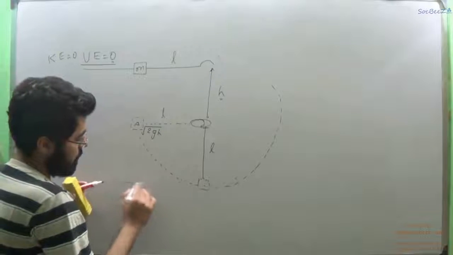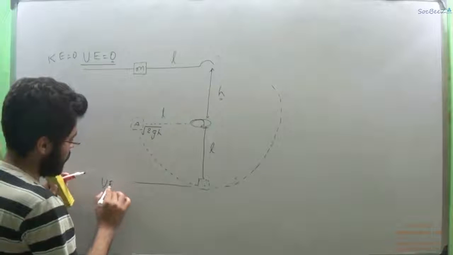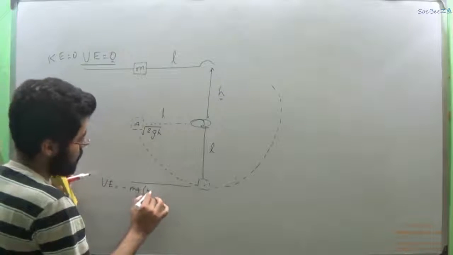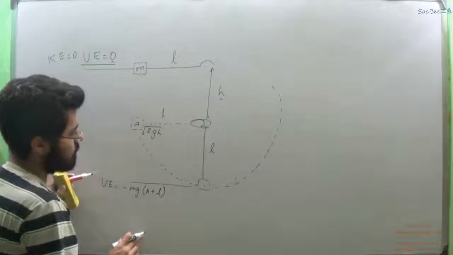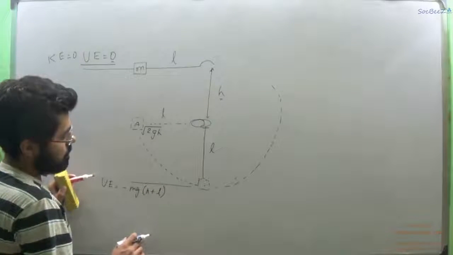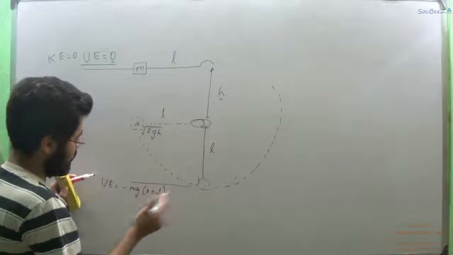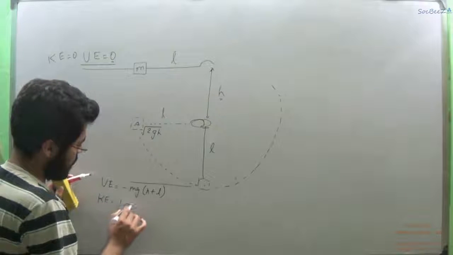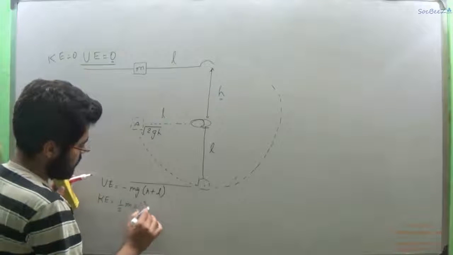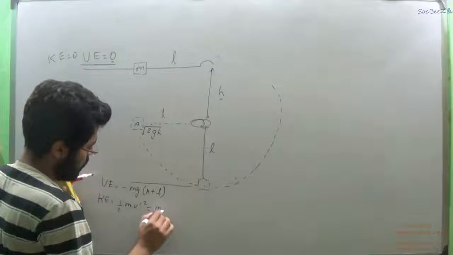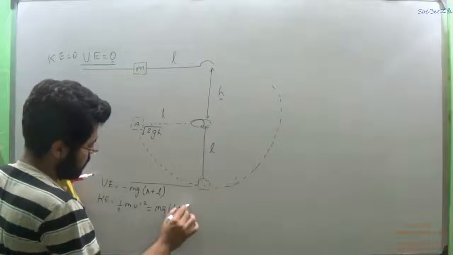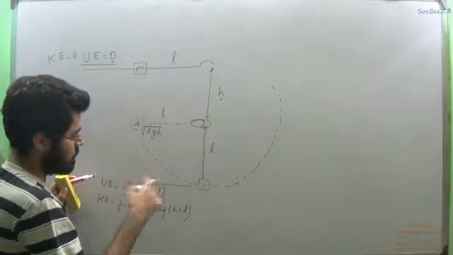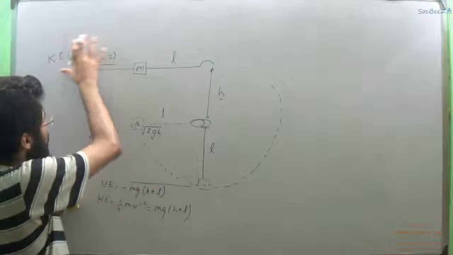So when it comes here, what will be the potential energy? That will be minus mg(H plus L). So we can also calculate what the kinetic energy will be. Kinetic energy will be half mv dash square such that it is equal to mg(H plus L), because net energy has to be zero. Because there is no external force acting on the system, net energy is always zero, because initial net energy is zero.